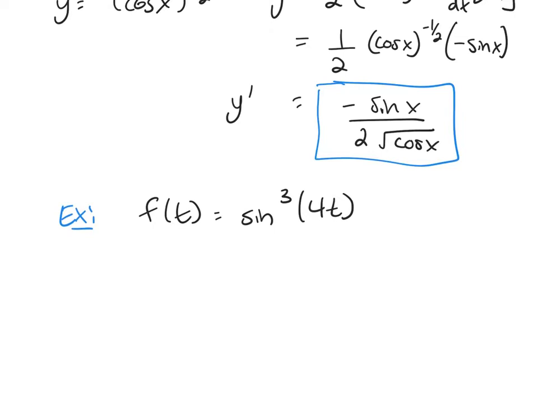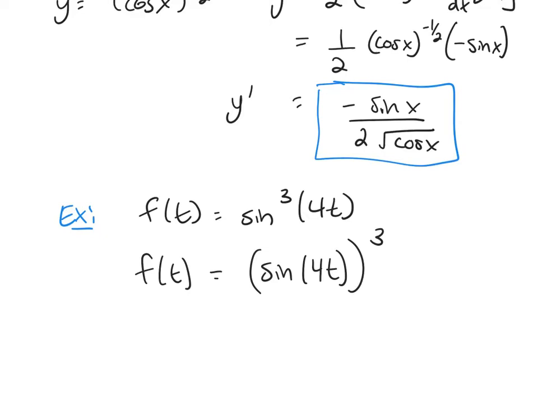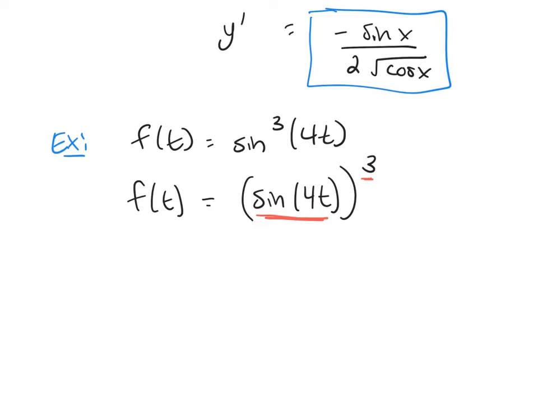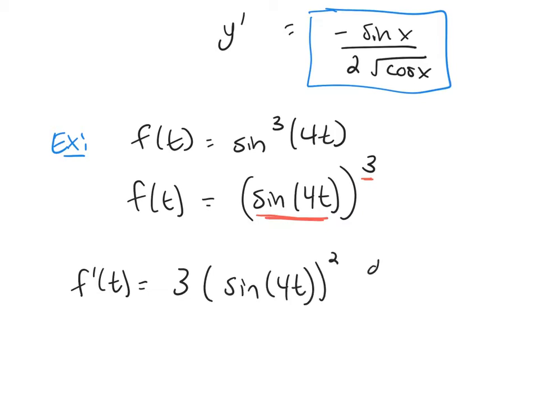Again, it might help if you start by rewriting this function as (sine of 4t) cubed. And here's my inside now, sine of 4t, and my outside is my cubed power. So the derivative, 3 (sine of 4t) squared times the derivative of the inside.